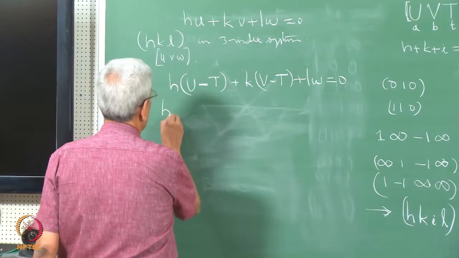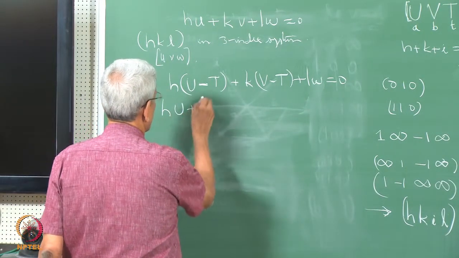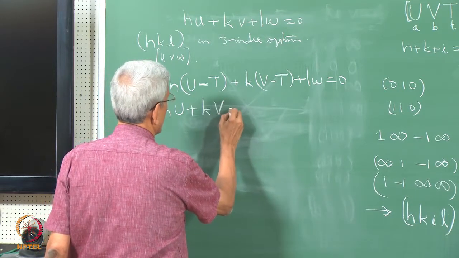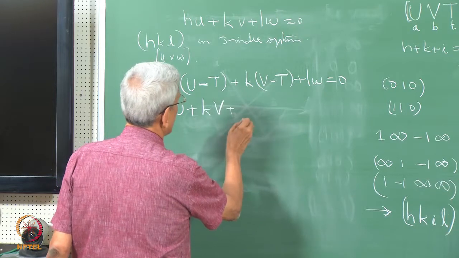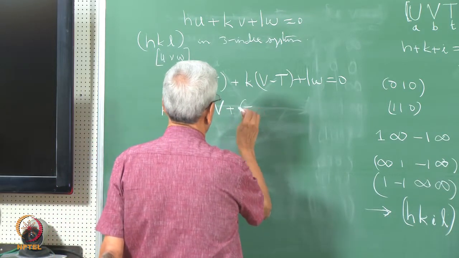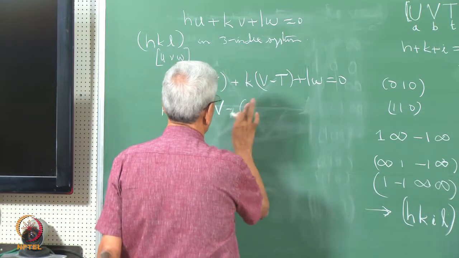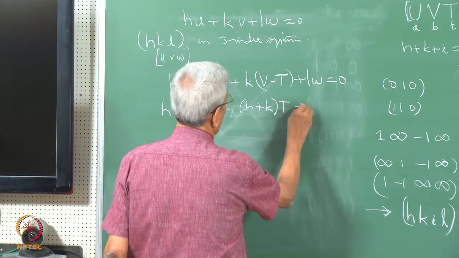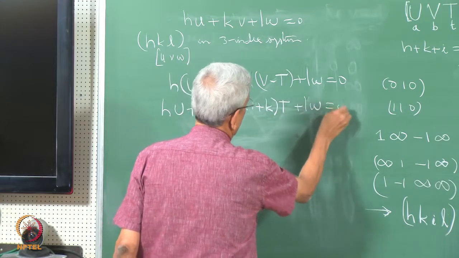This will be nothing but HU plus KV minus of H plus K into T plus LW equals 0, correct?